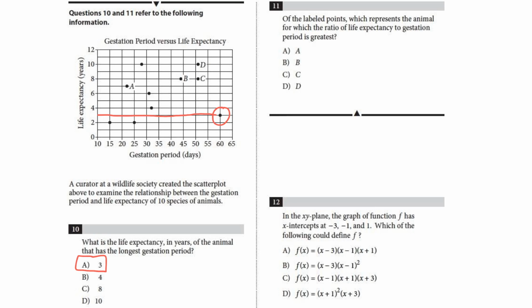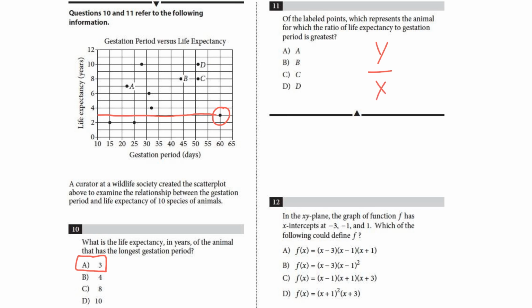Number 11. Of the labeled points, which represents the animal for which the ratio of life expectancy to gestation period is the greatest? Okay, so if we want the ratio of life expectancy to gestation period to be the greatest, life expectancy is on the y-axis and gestation is on the x-axis.